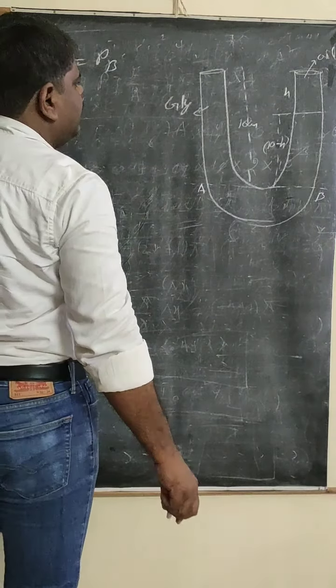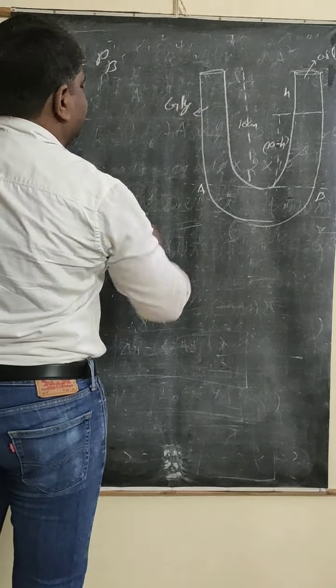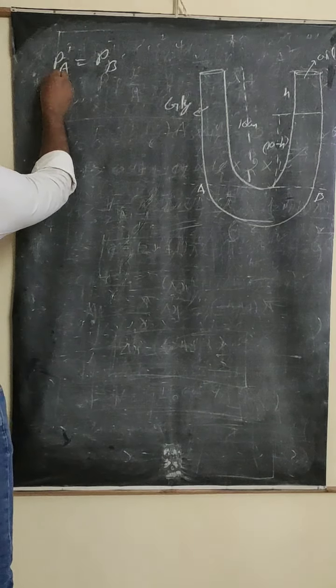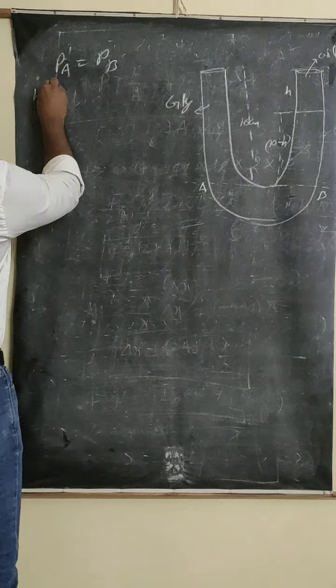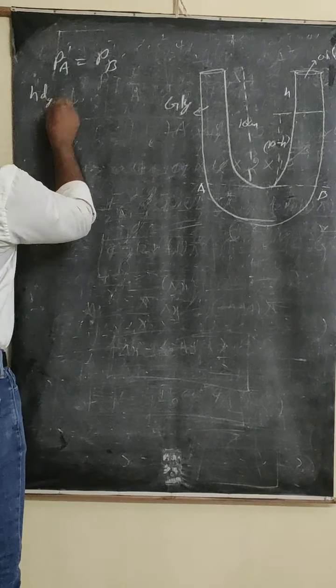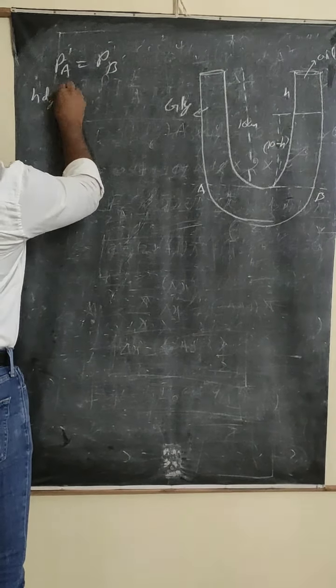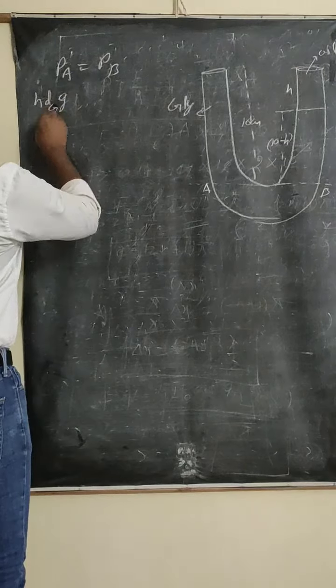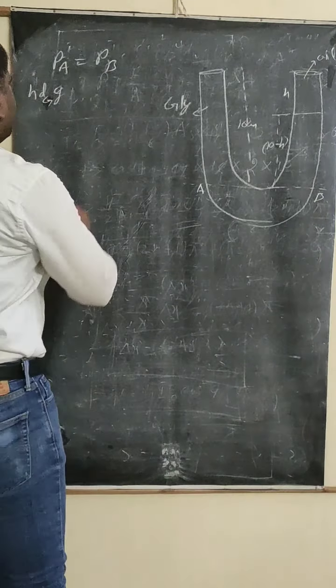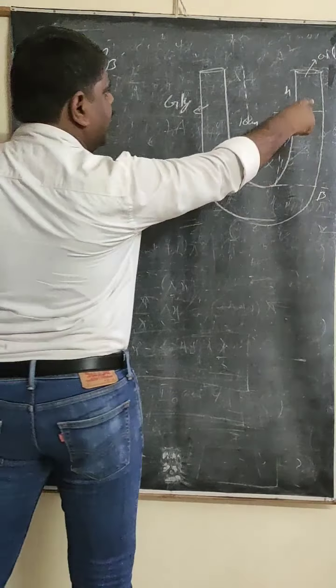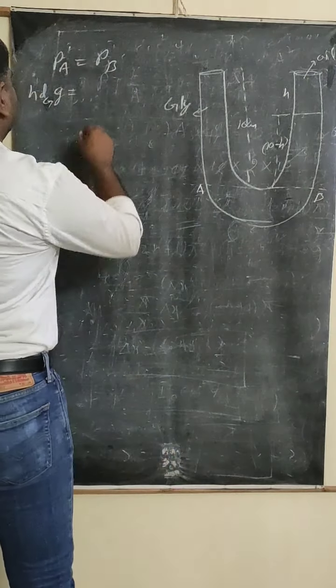Now, this is the glycerin. Glycerin height means what you can write here? P means H into D into G. So, Hg into Dg into G. Okay, you can write capital G. Dg represents the density of the glycerin, which is already given in the problem. That equals, here the two types of pressures are there.